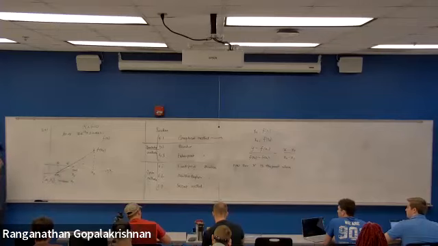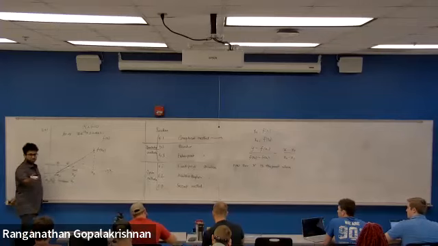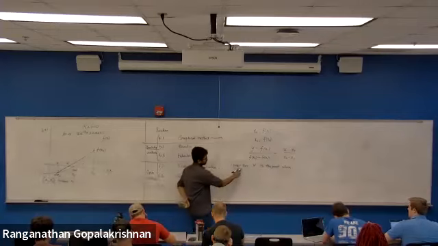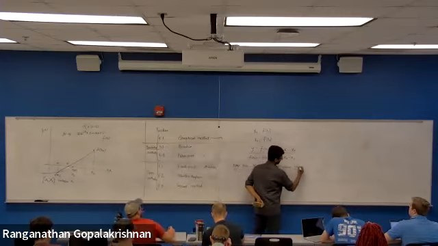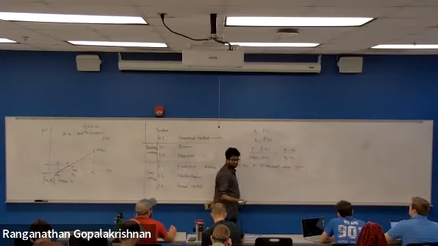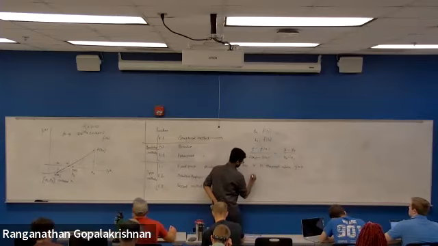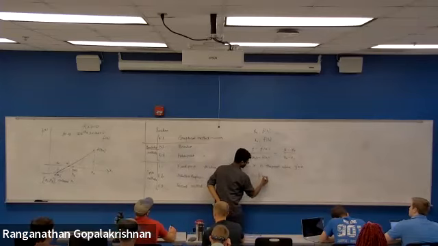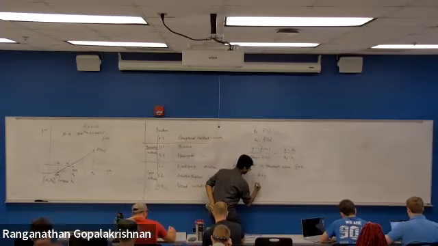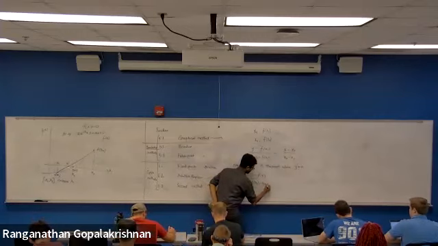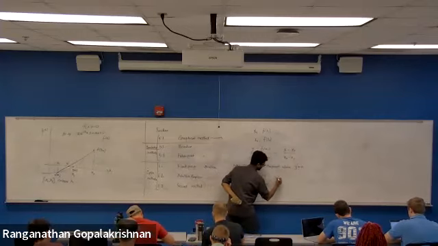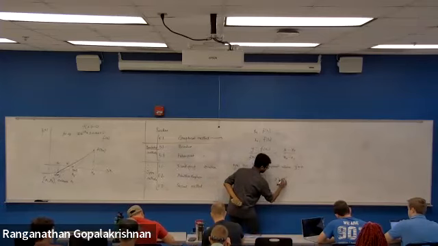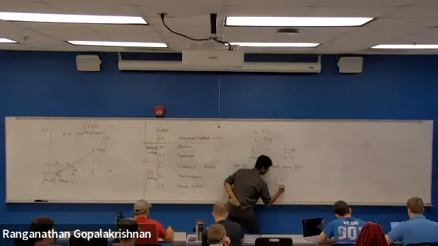Its f of x is 0. Its y value is 0, right? So x dash is the point where y equals 0. So I can put (0 minus f of x1) divided by (f of x2 minus f of x1) equal to (x dash minus x1) divided by (x2 minus x1).